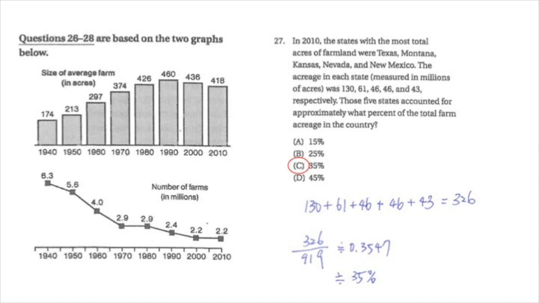In the previous question, we see that in year 2010, the total acreage was 919. And the total of these 5 states was 130 plus 61 plus 46 plus 46 plus 43 equals 326. So the percentage is 326 over 919, which is roughly 0.3547, which is roughly 35%.